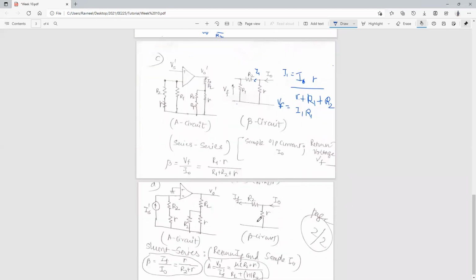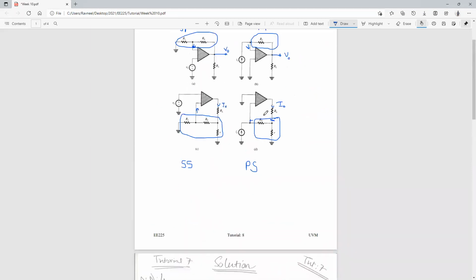And for your beta circuit, we had already identified this. Your current comes in at this particular junction, and your current leaves at this junction, just after R2.